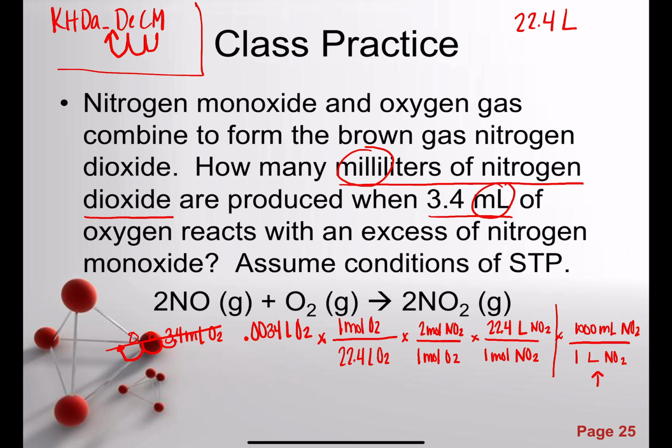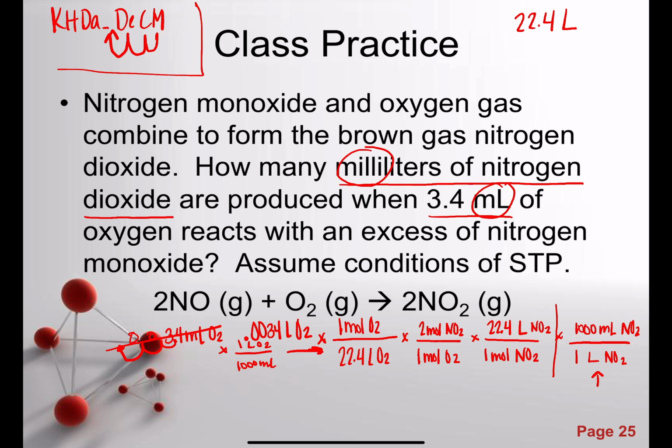However you want to set it up is fine. If you wanted to put that at the beginning, do 3.4 milliliters of O2 and then 1,000 milliliters per 1 liter of O2 and carry on with this next step, you could have done it that way too. You've got a lot of options as to what you do here, and I don't care how you do it, so long as you know what to do.